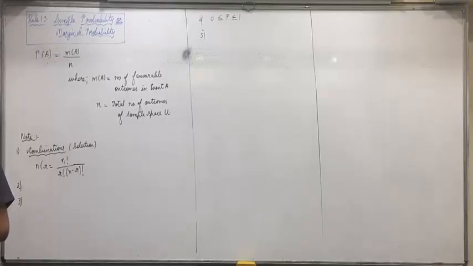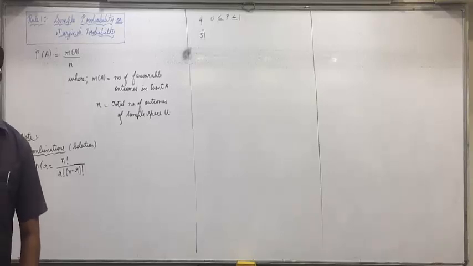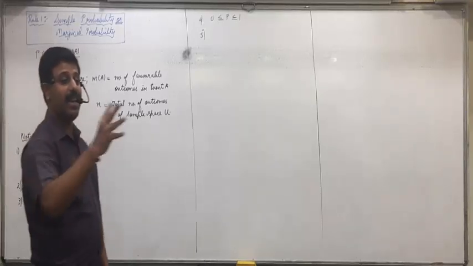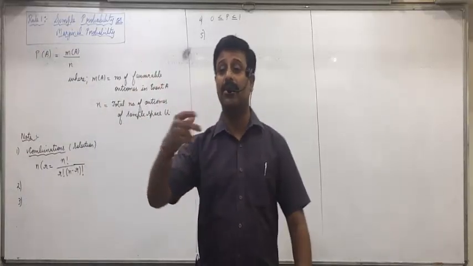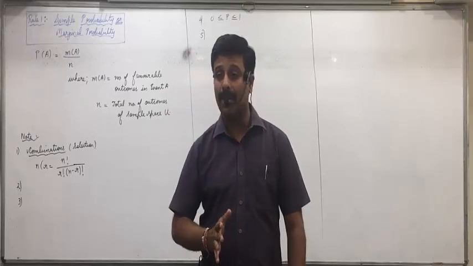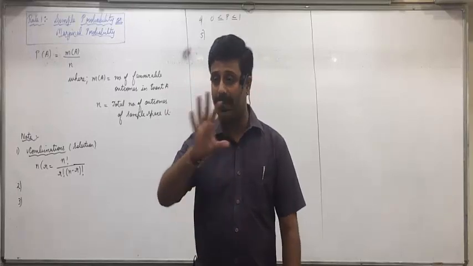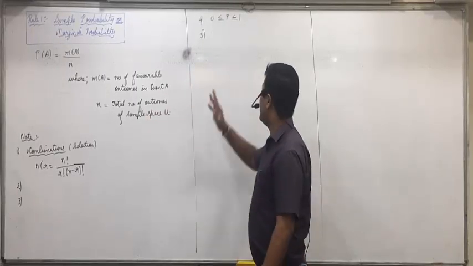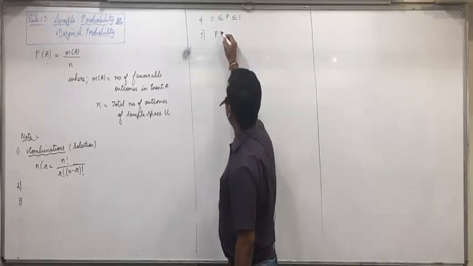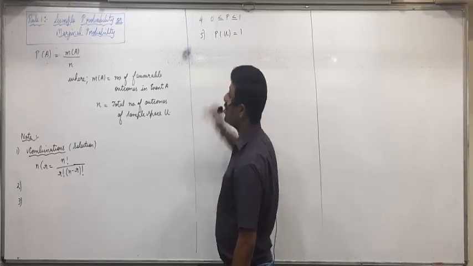Or the chances that your exam will be preponed. So whatever probability you find out, it can never be negative and it can never be more than 1. In general life, we keep using 110% this will happen, but 110% is practically never possible. So any answer will always be between 0 and 1. Further, the probability of the entire sample space is always 1.